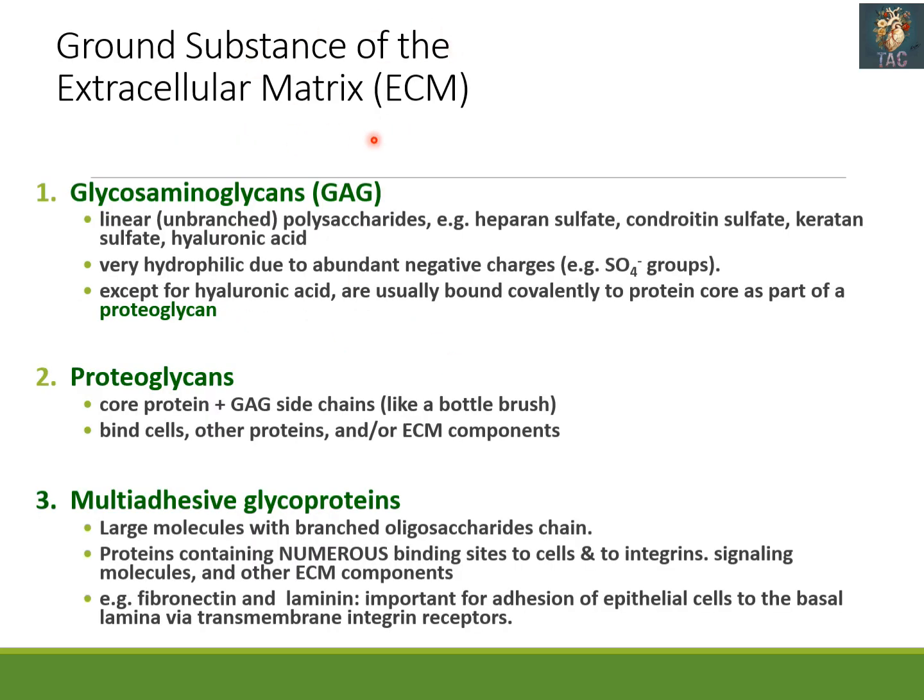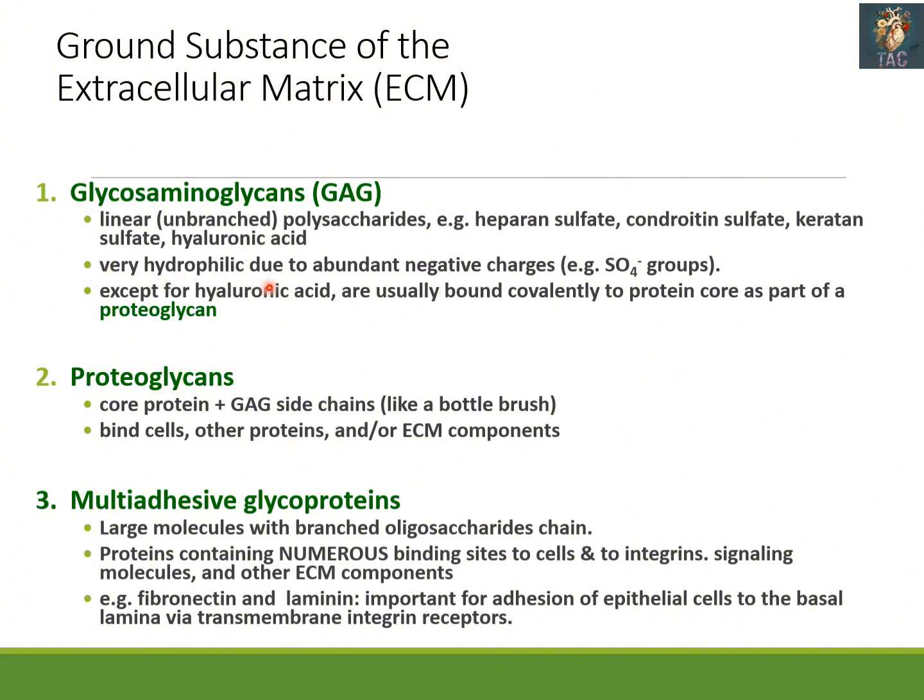Extracellular matrix: the ground substance of the extracellular matrix basically consists of three main components, that is the glycosaminoglycans, also called the GAGs, the proteoglycans and the multi-adhesive glycoproteins. So glycosaminoglycans are linear unbranched polysaccharides, for example heparan sulfate, chondroitin sulfate, keratan sulfate, hyaluronic acid and dermatan sulfate.